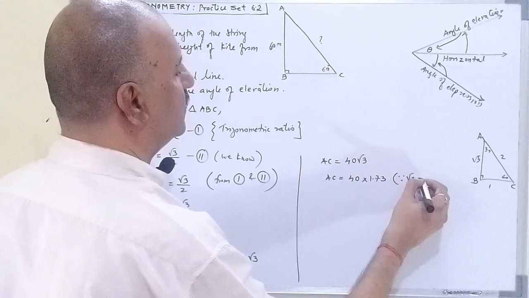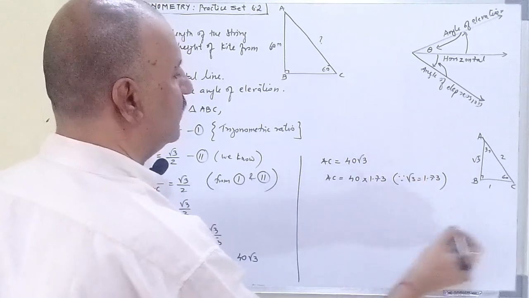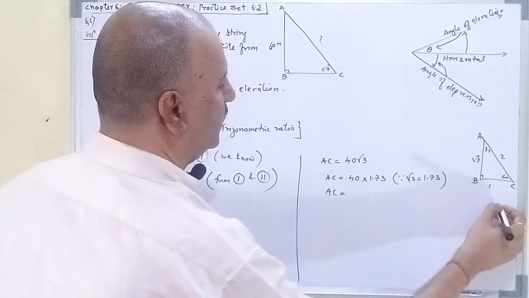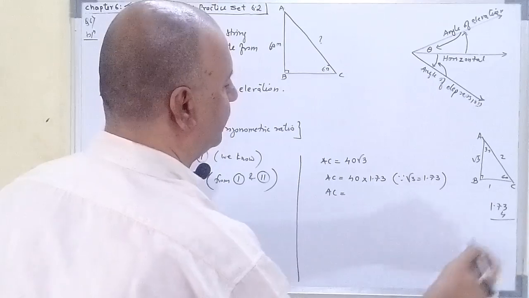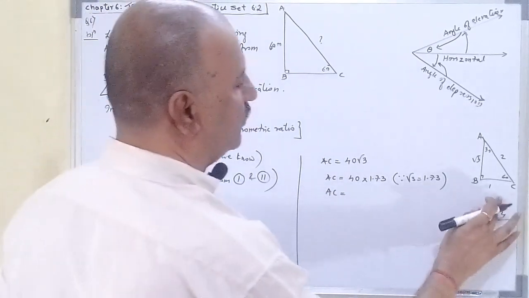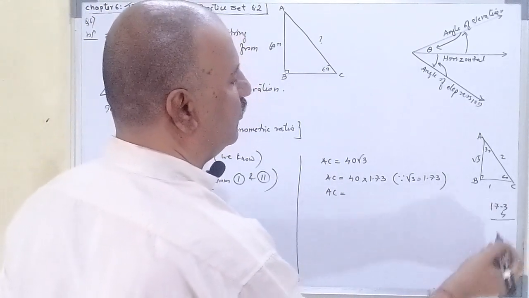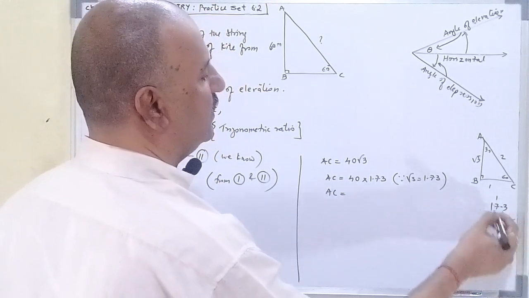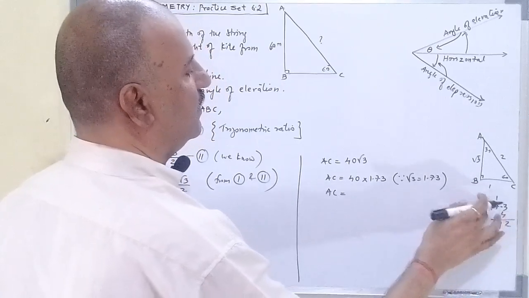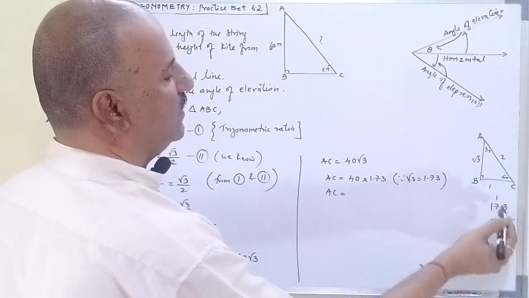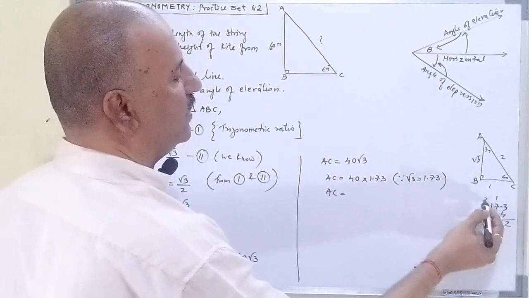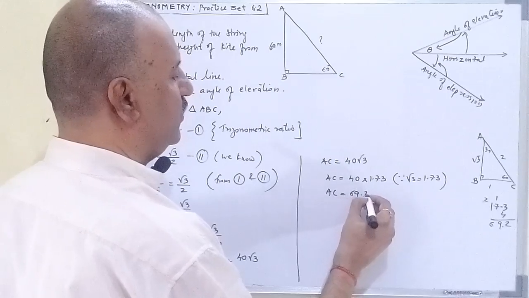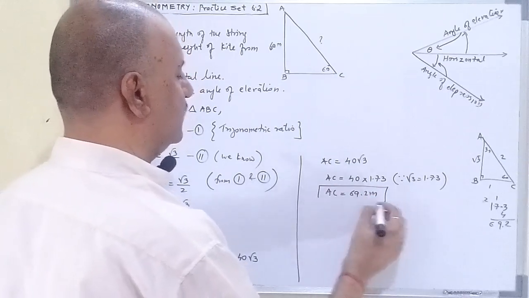Since √3 is 1.73, AC equal to 1.73 into 4. Multiplying by 10 shifts the decimal point, 17.3. 4 3s are 12, 2 carry 1, 4 7s are 28 plus 1, 29, 2 carry. 4 1s are 4, 6. So it is 69.2 meters.